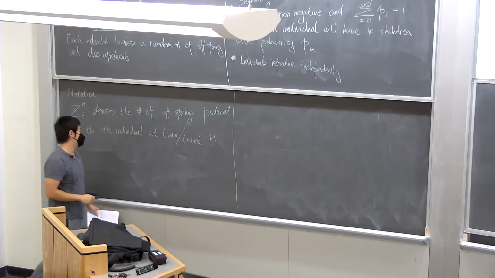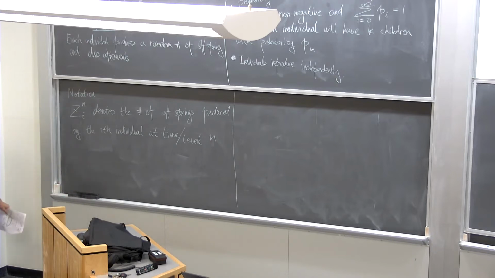These Z_i,n are just IID discrete random variables, all the same.